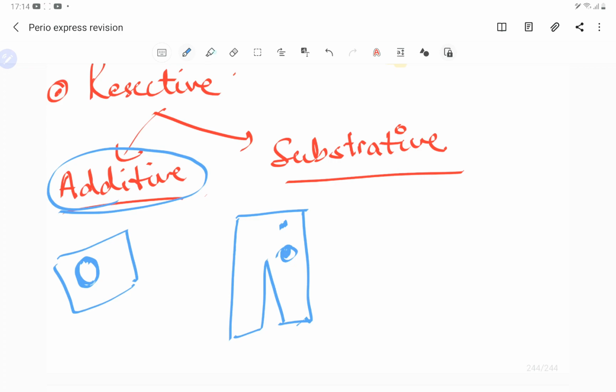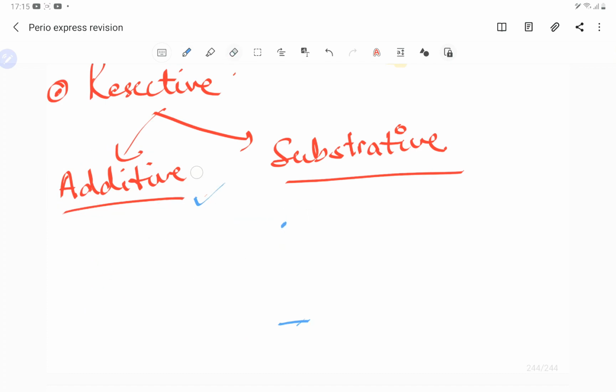In that case a surgeon is going to put the bone graft and then suture it back, right? So to do the flap surgery, we have to reflect a full thickness flap so that we can see the bone, access the bone easily, and then put the bone graft. So this is a kind of additive surgery. That means we are adding something, right? So this is the additive surgery.